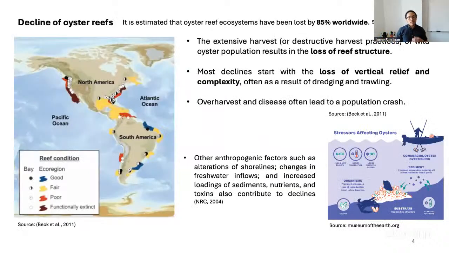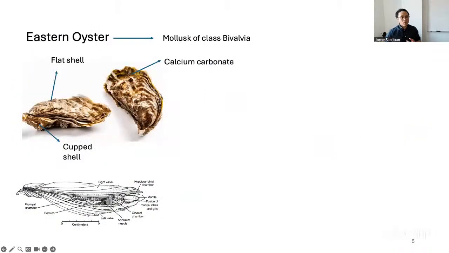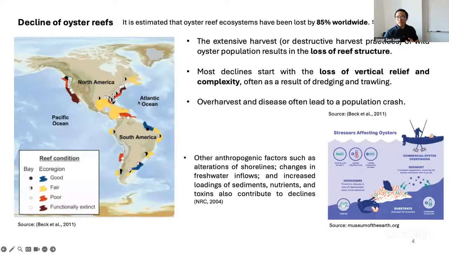But the thing with these habitats is that in recent years their populations have been decreasing substantially. It's been estimated that around 85% of these habitats have been lost worldwide, and the causes are very broad, from overharvesting to low water quality to impacts on their habitats.